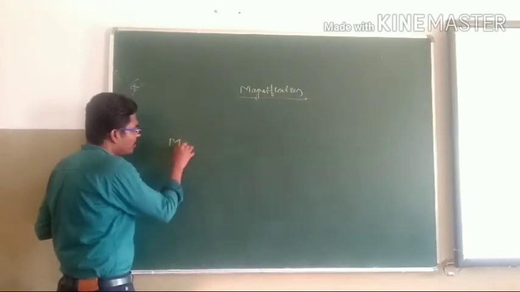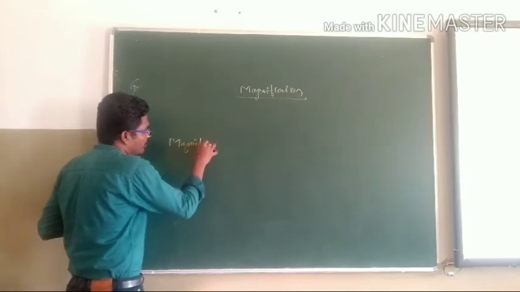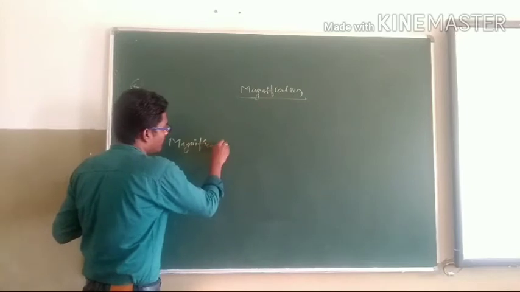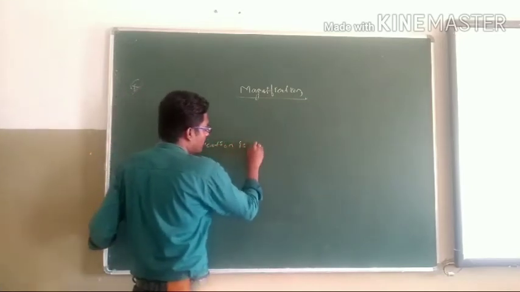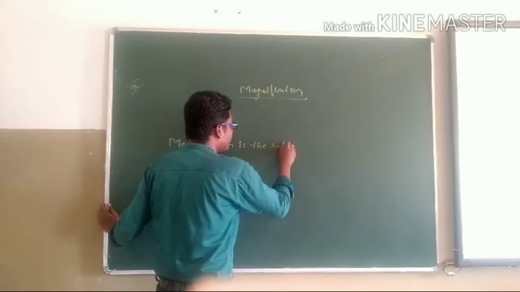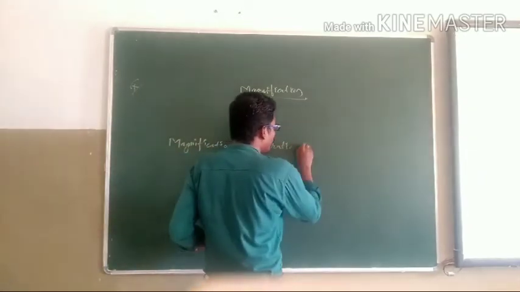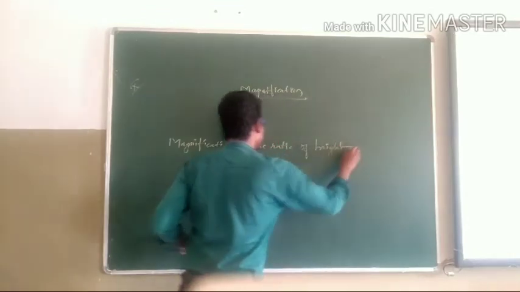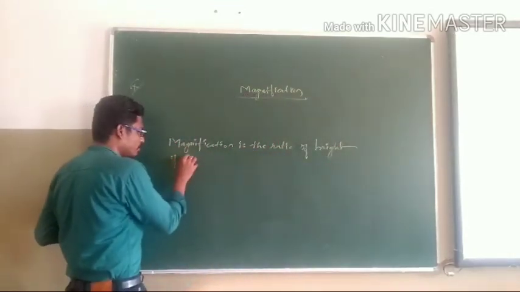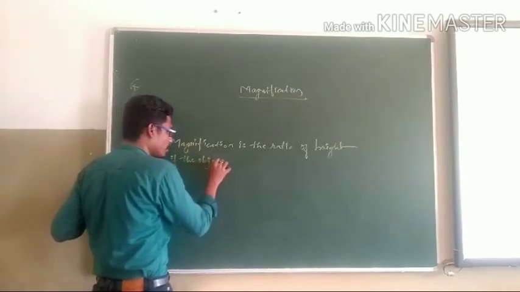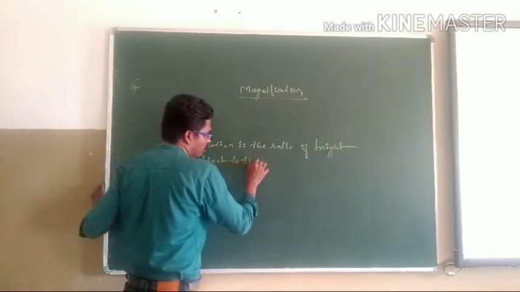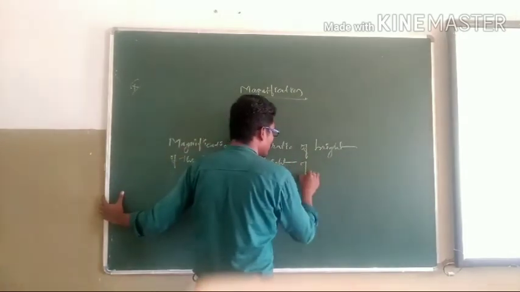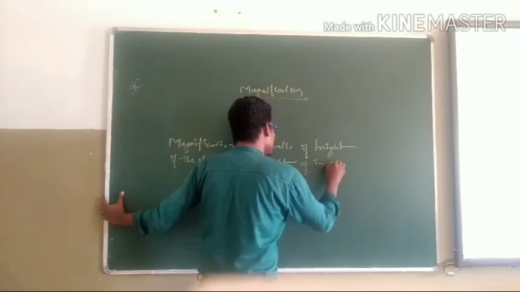So I will write here: magnification is the ratio of height of the object to the height of image.